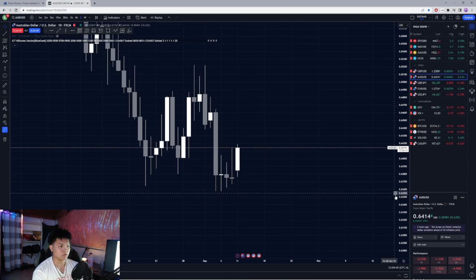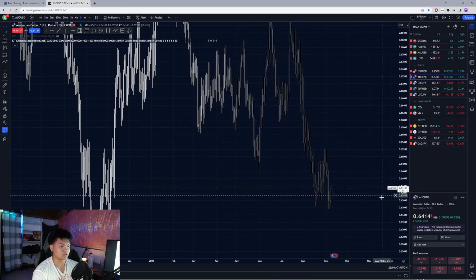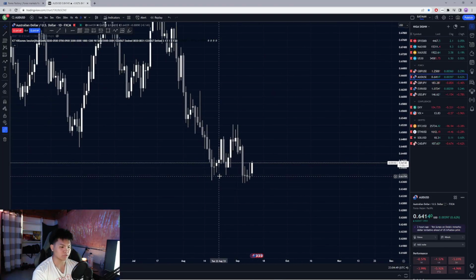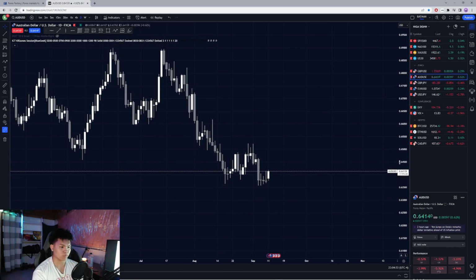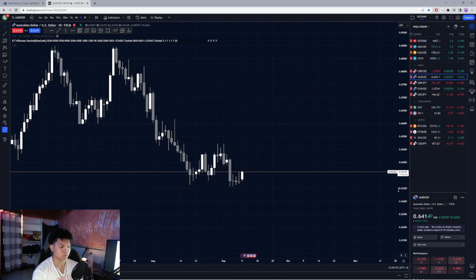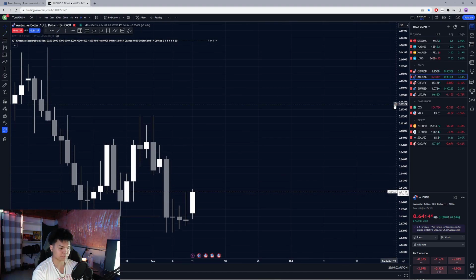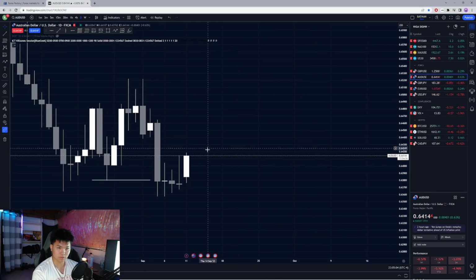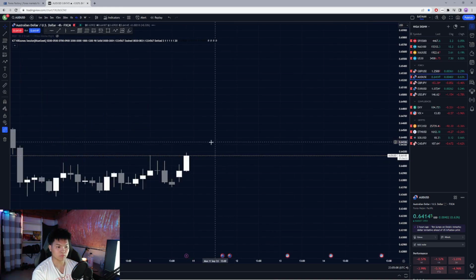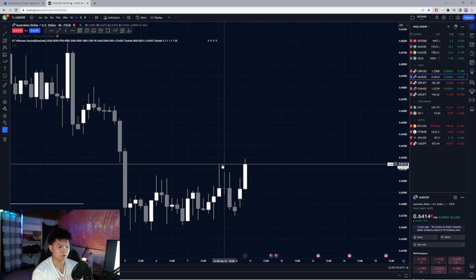If we go to the daily, I would say it's bearish, because in the daily we were bearish. Yes, we are bearish on the daily because we just broke the structure over here. However, right now in the 4 hour, once this closes, we're gonna be bullish.